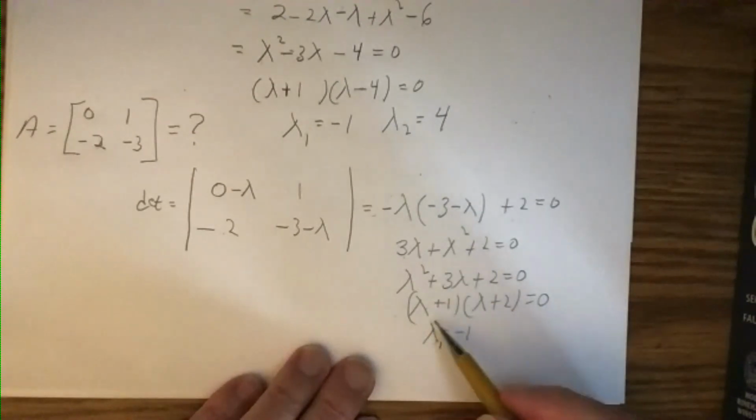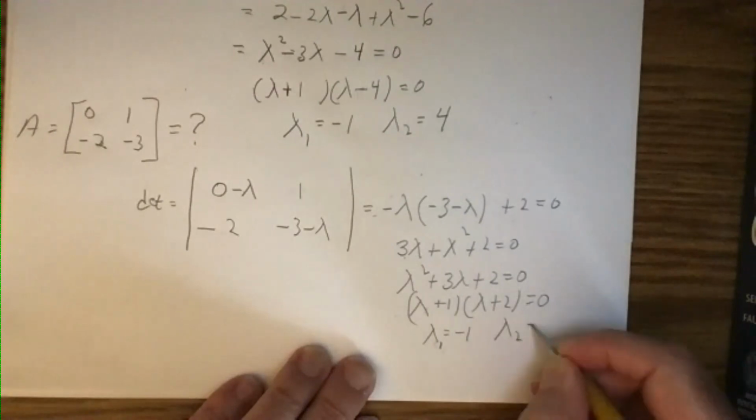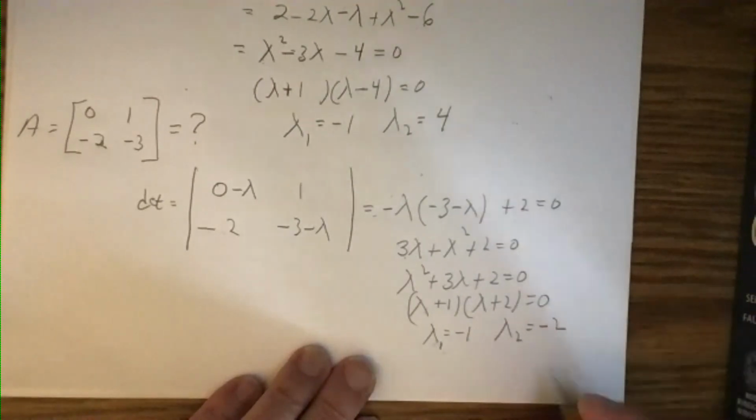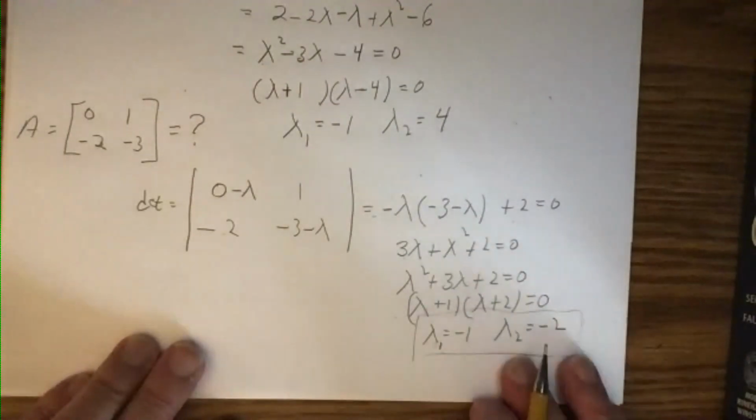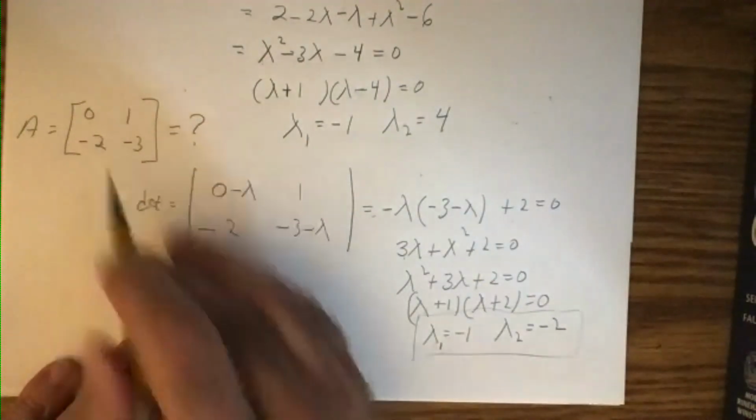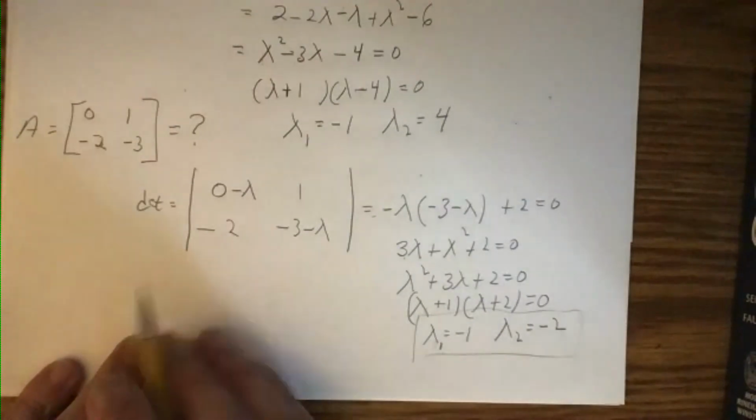So it doesn't matter, but label one of them lambda 1, and the other one lambda 2, right? So these are the 2 eigenvalues for this matrix, right? We got the 2 eigenvalues for this matrix.